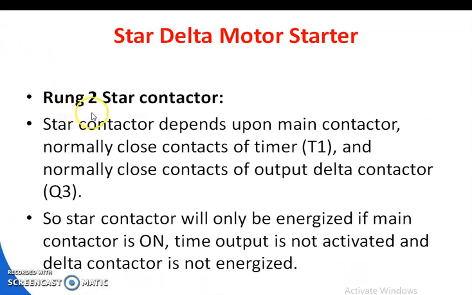Next, ring 2, the star contactor. The star contactor depends upon the main contactor, the normally closed contact of timer T1 and the normally closed contact of the delta contactor output Q3. So the star contactor will only be energized if the main contactor is on, the timer output is not activated and the delta contactor is not energized.